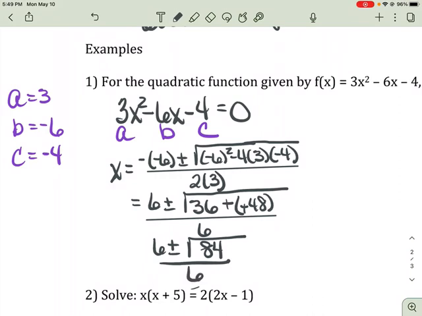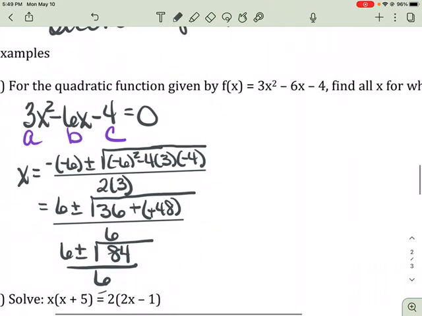In the past we just kind of left that, but we now know how to simplify a radical. So on the side, let's do 84. 2 is 42. 2 again is 21. 21 is 3 and 7. So we have a square, so this is my pair.